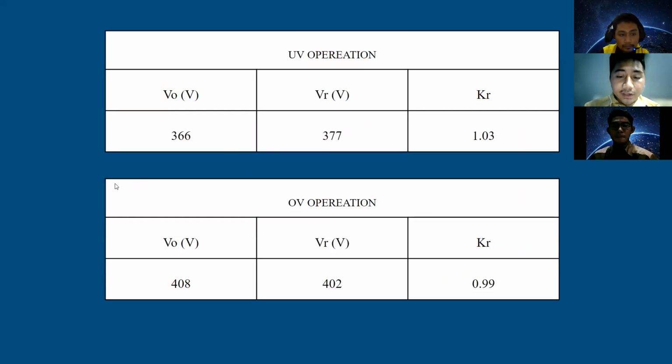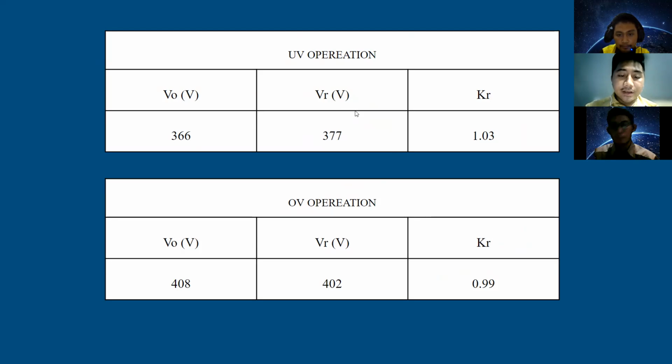Then we slowly decrease the voltage until the buzzer is triggered or alarming. Then we take the voltage result, which is the operating voltage VO, which is 366. Then we slowly increase the voltage until the buzzer stops alarming, and take the result, which is VR, the relay voltage, 377.